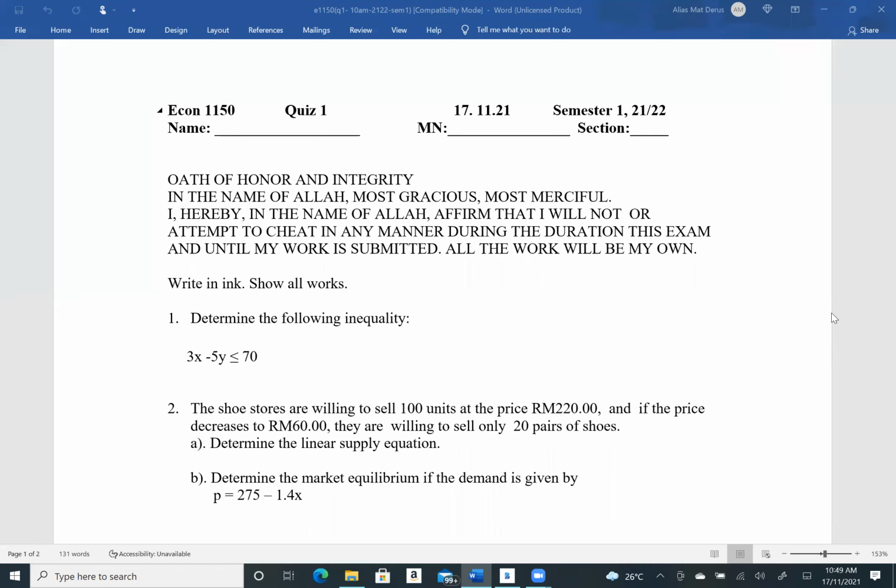Section 12 is another class. These people here, Shafiq, Ilham, turn on your video, please.